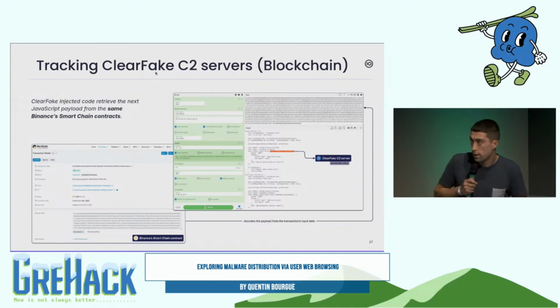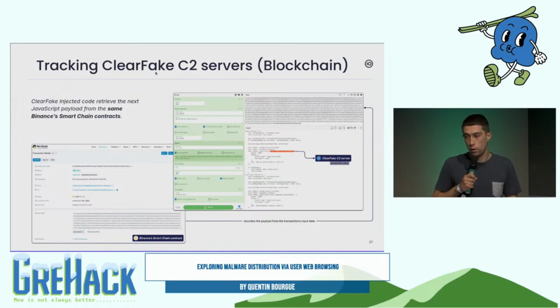On the left, you can see a transaction related to the GreHack malware. You can see the input data at the bottom. By deobfuscating this input data, we can get the domain name, the one used last week, which is dareka4te.shop. So this is another method to track the GreHack C2 server using the blockchain.